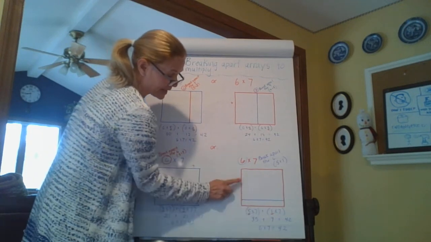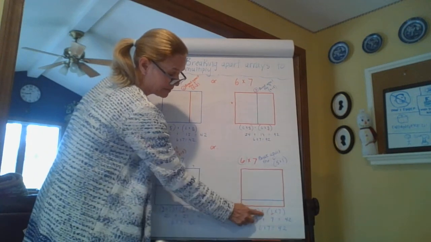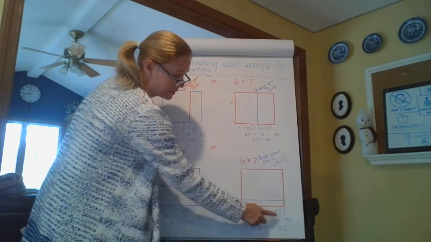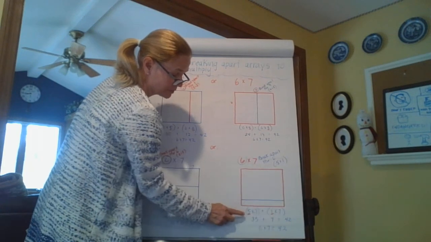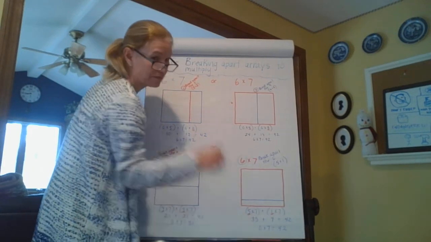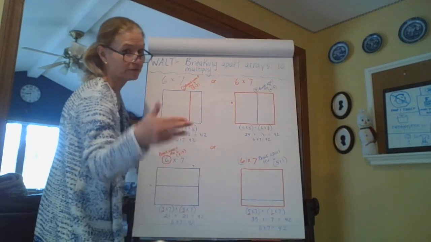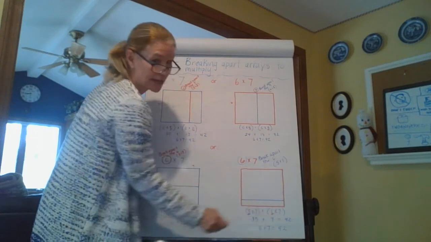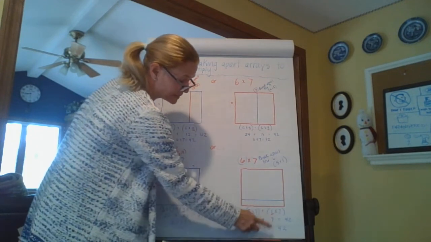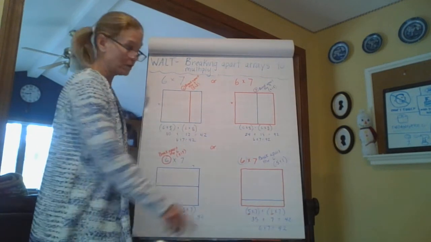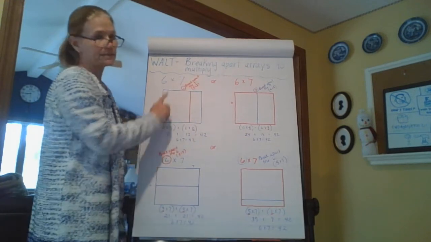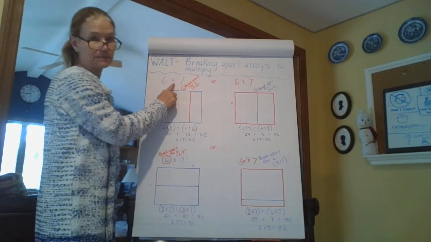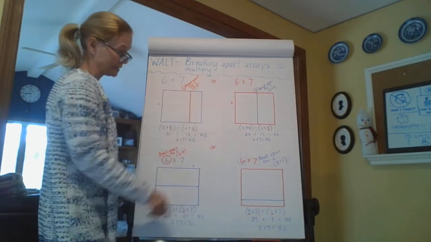Now I have 5 times 7 in each one, plus 1 row with 7 in each. 5 times 7 is 35: 5, 10, 15, 20, 25, 30, 35. Plus 1 times 7, which is itself, 7. 35 plus 7, again, is 42. 4 different ways to break apart 6 times 7 and still get the product of 42.